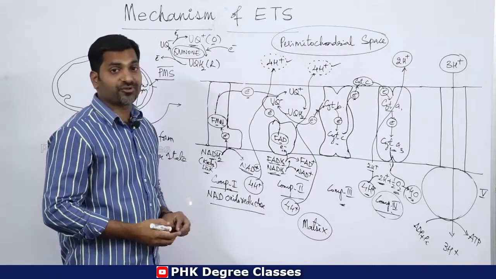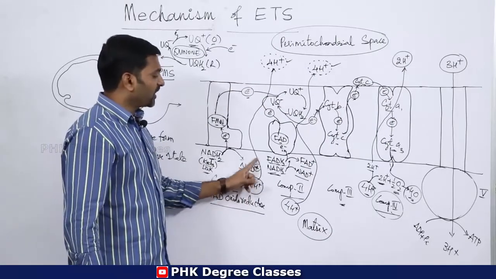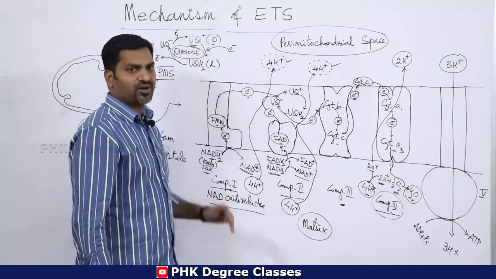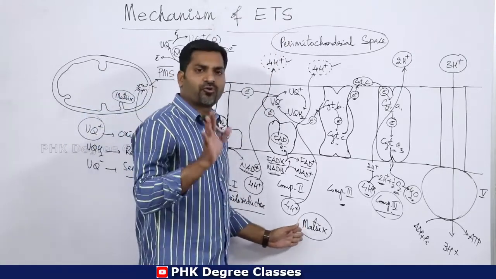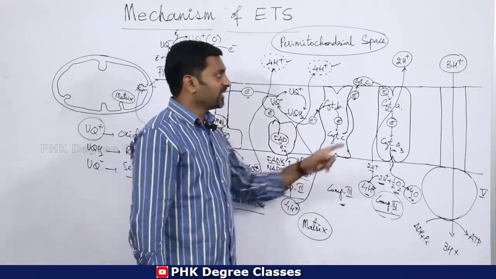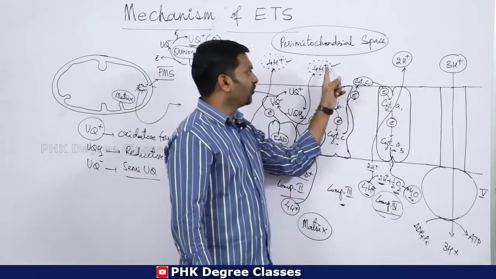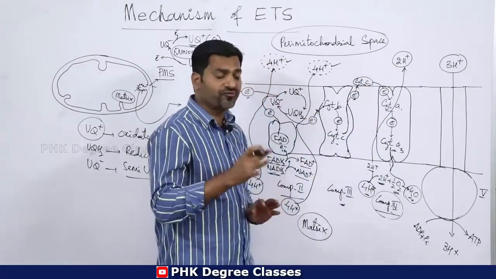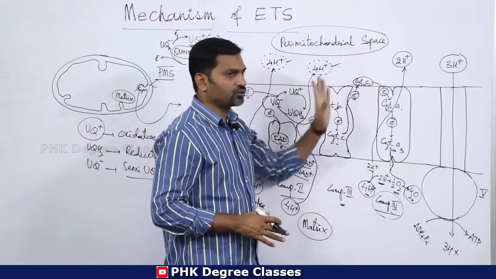But remember, 4 protons moved from matrix to perimitochondrial space here, and 4 protons already moved here, but here only 2 protons moved.